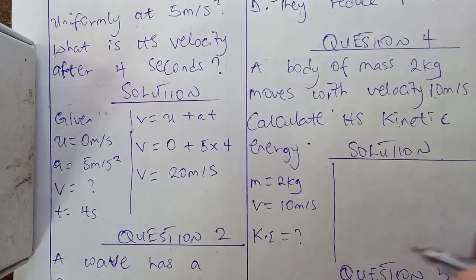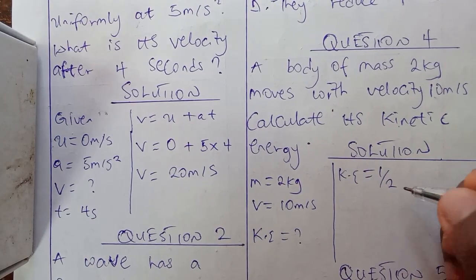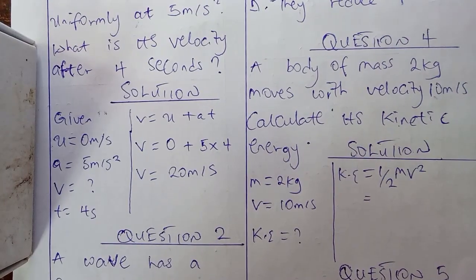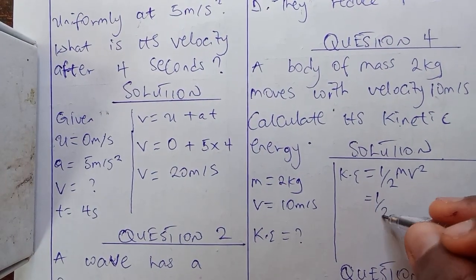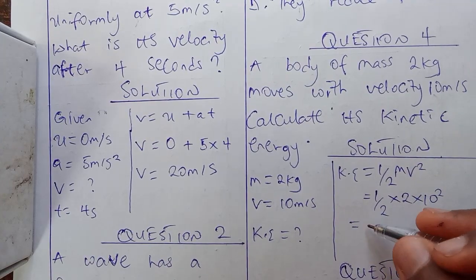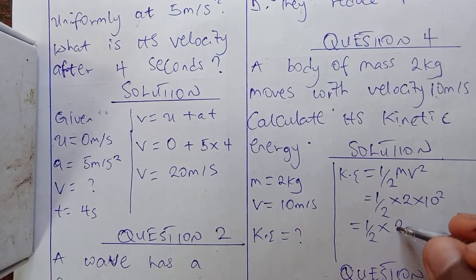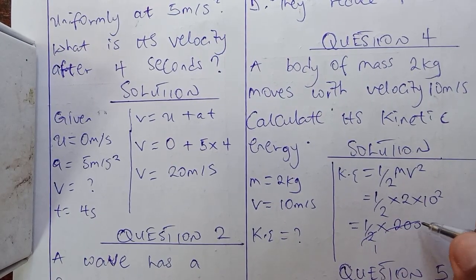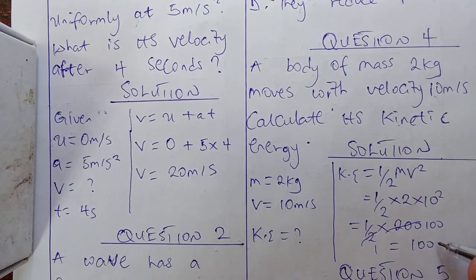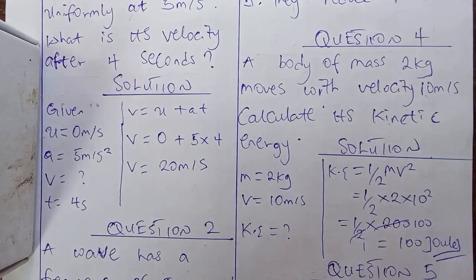And from that video, or from your knowledge of kinetic energy, we know that kinetic energy equals half m v square, which equals 1/2 times 2 times 10 square. 10 square is 100. 2 times 100 is 200. Then 1/2 of 200 is 100. So therefore, our kinetic energy KE is 100 joules. Very easy. We're done with question 4.